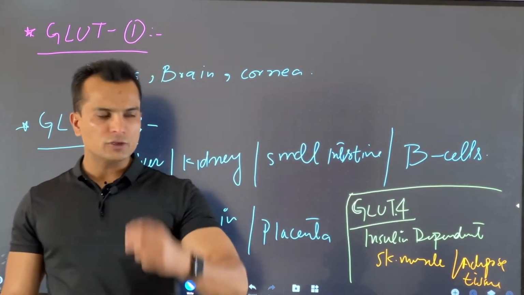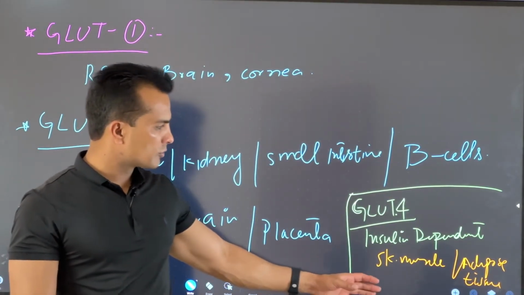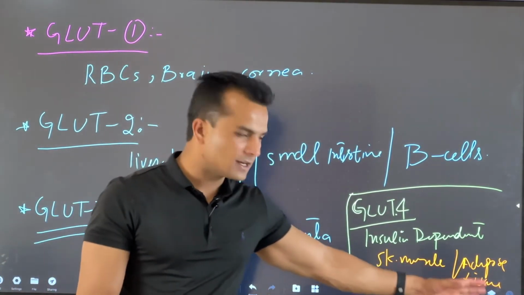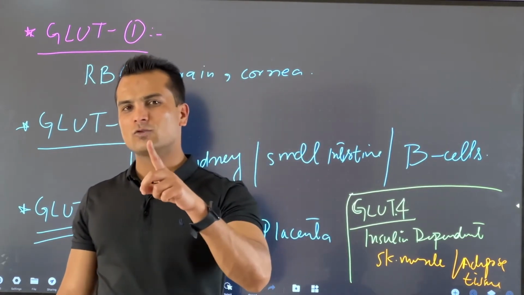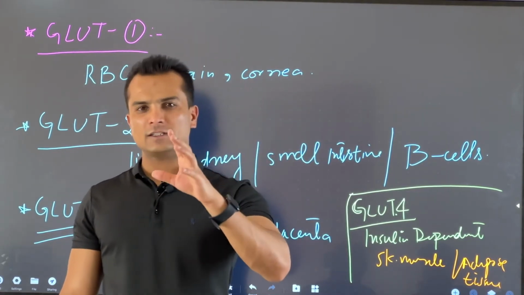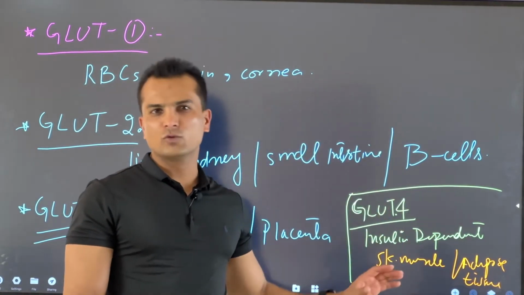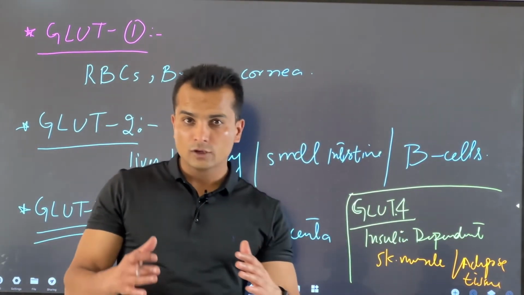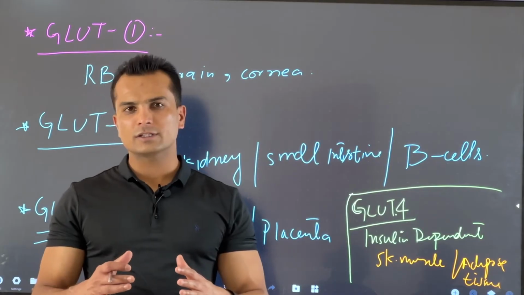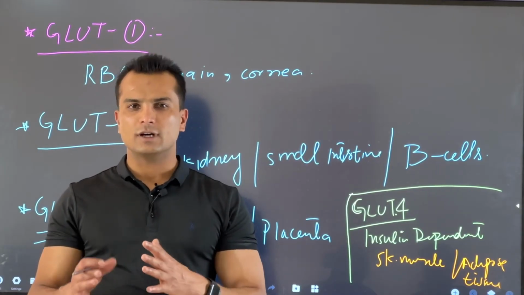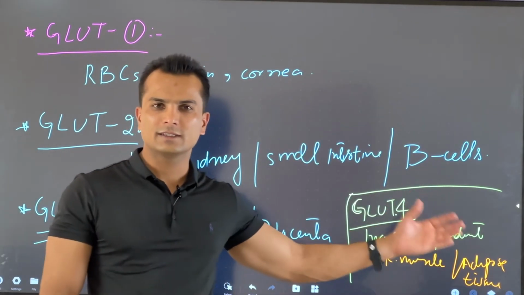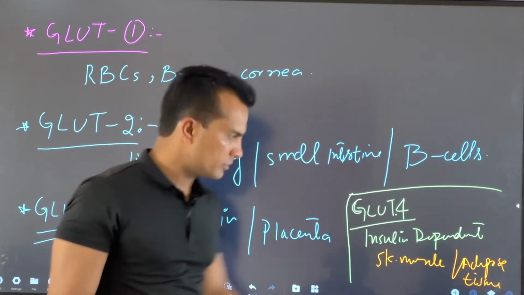But which glucose transporter is transporting your glucose into skeletal muscle and adipose tissue? That is glucose transporter 4, and during exercise you can increase the activity of glucose transporter 4. So this is very important to understand that the transporter which is 100% insulin dependent is glucose transporter 4.